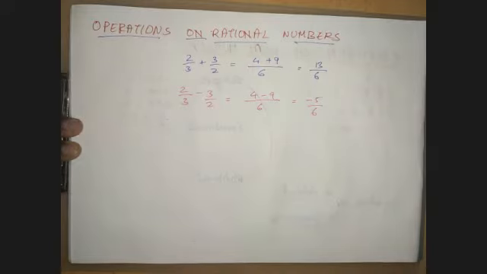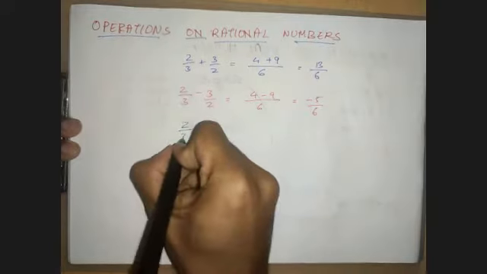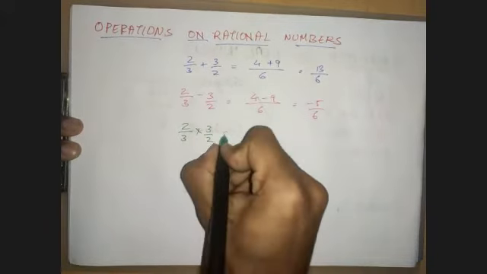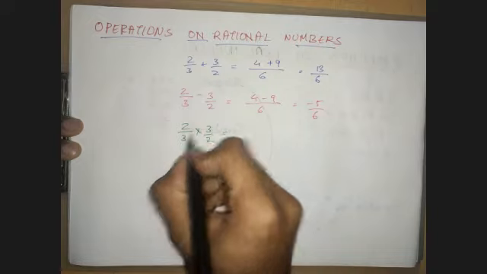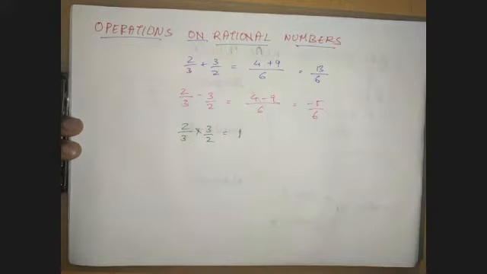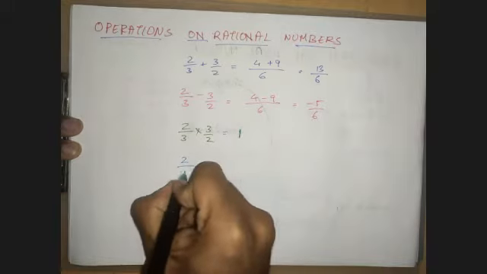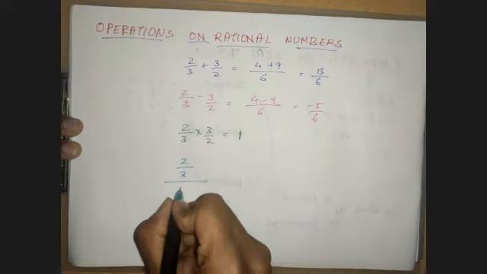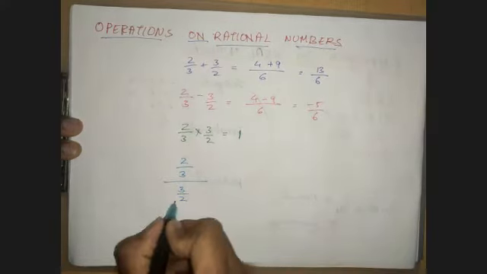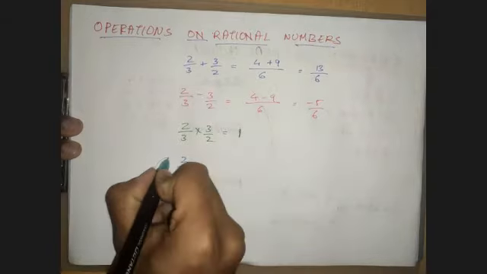Now if we look at multiplication, 2 by 3 into 3 by 2, the 3 gets cancelled, the 2 gets cancelled, so this is equal to 1. And for division, it is 2 by 3 whole divided by 3 by 2. So how do we do this? The denominator goes to the numerator.